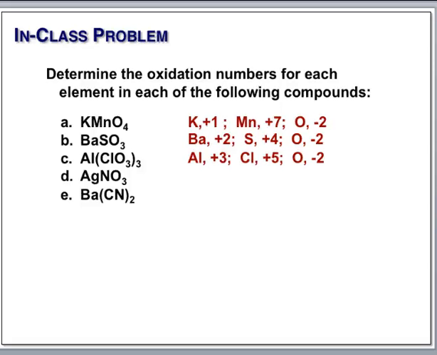It's got to be 5. Why do you need the one negative for both? Because nitrate, NO3, is -1 charge. That means you must have 1 extra negative charge.